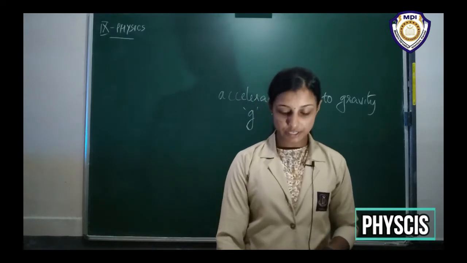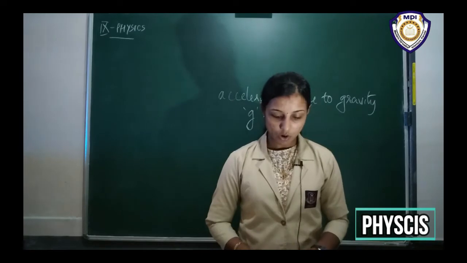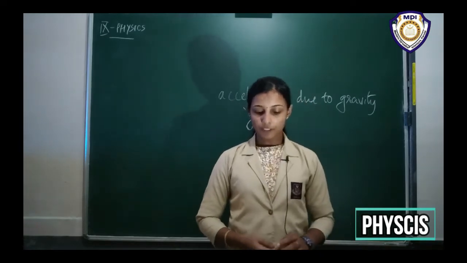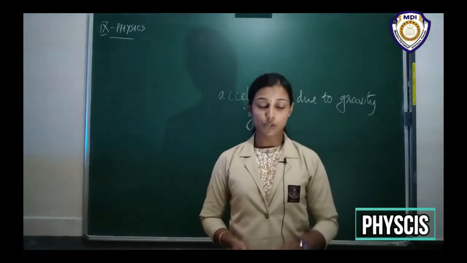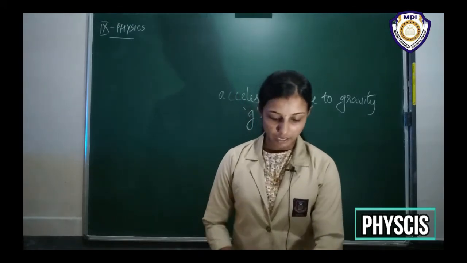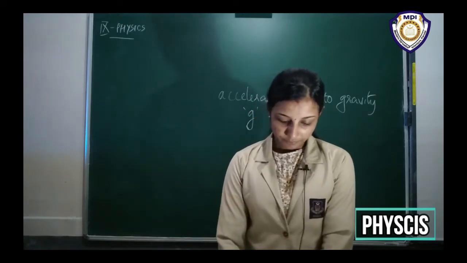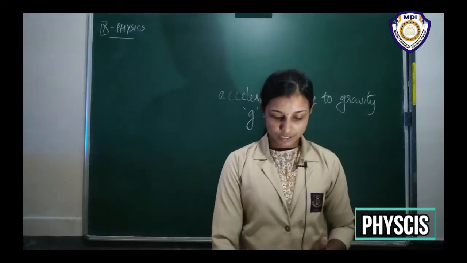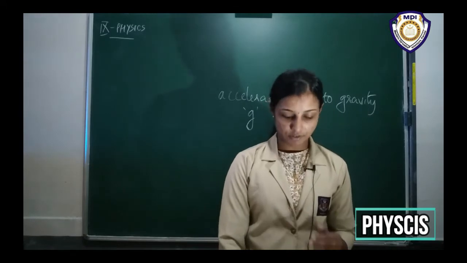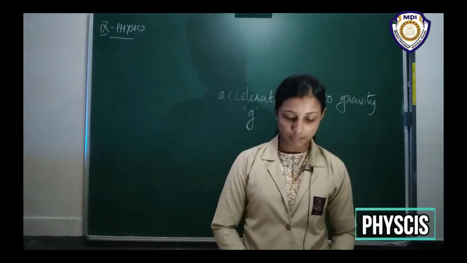Therefore, it is called the acceleration due to the gravitational force of the Earth, or acceleration due to gravity. So you should underline this paragraph: whenever an object falls towards the earth, an acceleration is involved, and this acceleration is due to the earth's gravitational force.